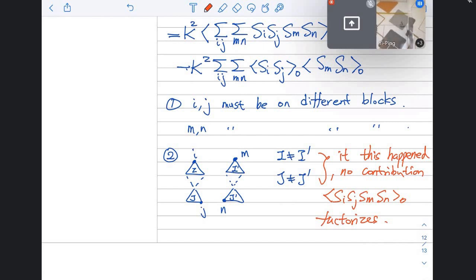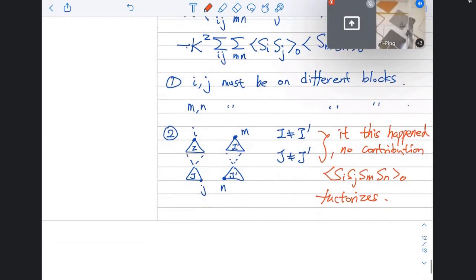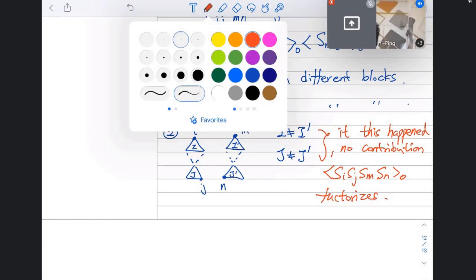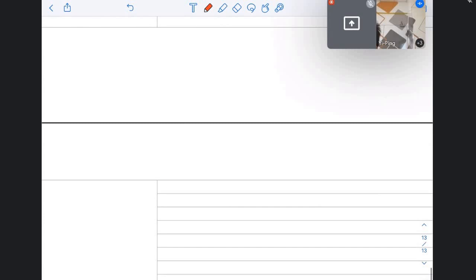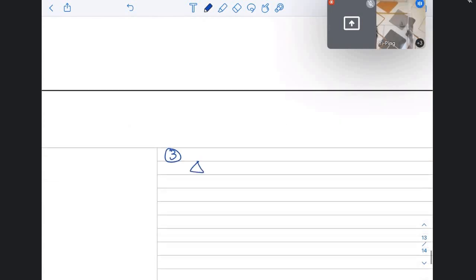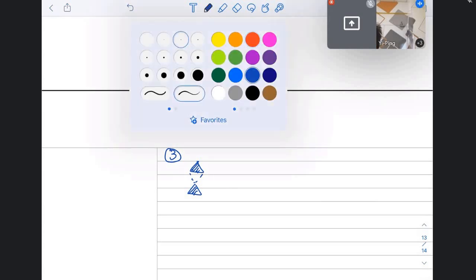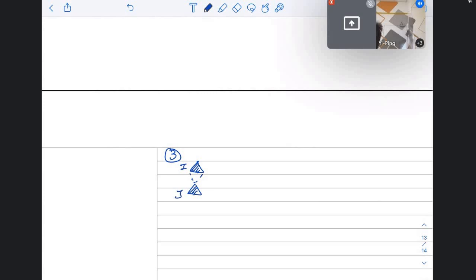So how to have non-zero contribution? In order to have non-zero contribution, you need to consider something that's more complicated. And the numerical factor, I'll leave it as an exercise for you to figure out, but I'll just tell you how these things kick in. So consider the first order, we choose these two particular triangular pockets, and that will be, by definition, the I pocket and J pocket.